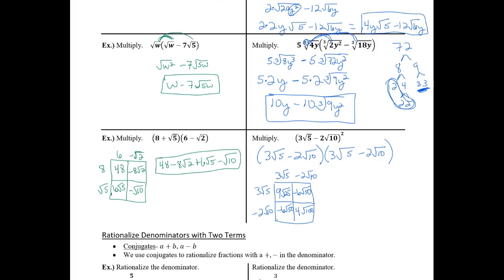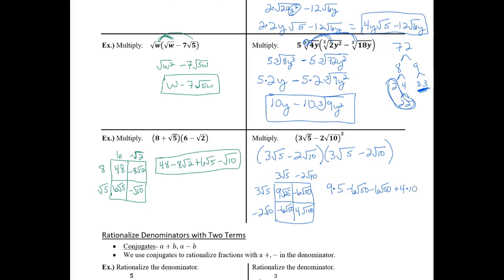Alright, now let's simplify what we have. We have 9 times square root of 25. 25 is a perfect square, so square root of 25 is just 5. Minus 6 square root of 50, minus 6 square root of 50, and plus 4 times 10, or square root of 100 is 10, right?